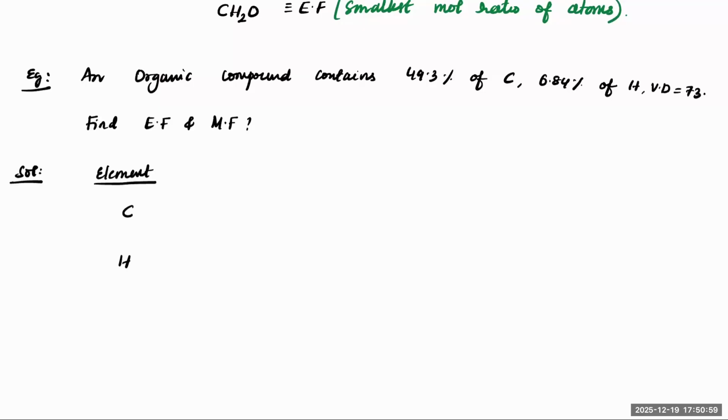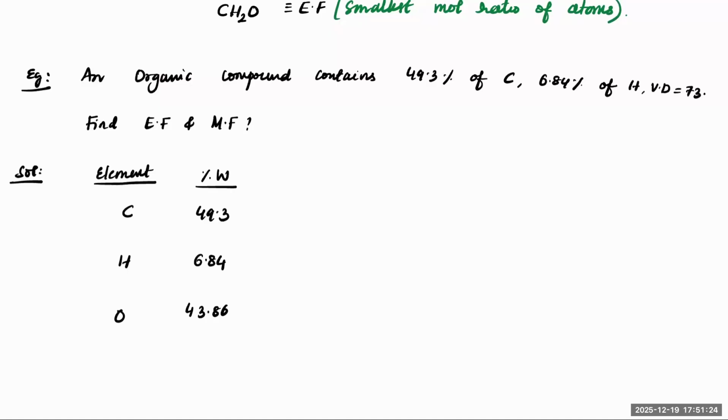Now check the percentage weights that have been given: 49.3 percent carbon, 6.84 percent hydrogen, and the rest will be oxygen, which is 43.86 percent.